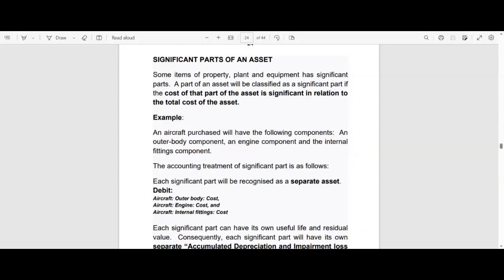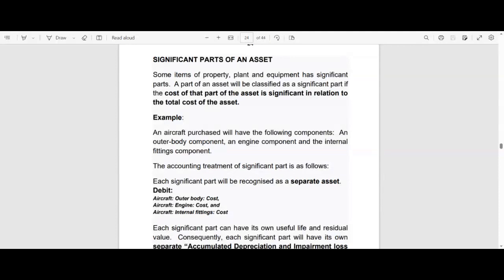So if we look at, for instance, an aircraft again as an example, a wing will not have as long a useful life as, for instance, the interior fittings, the TV sets and the seats and the stowing cabinets and those things. They will normally have a much longer useful life than, let's say, an engine or a wing or a tail wing.